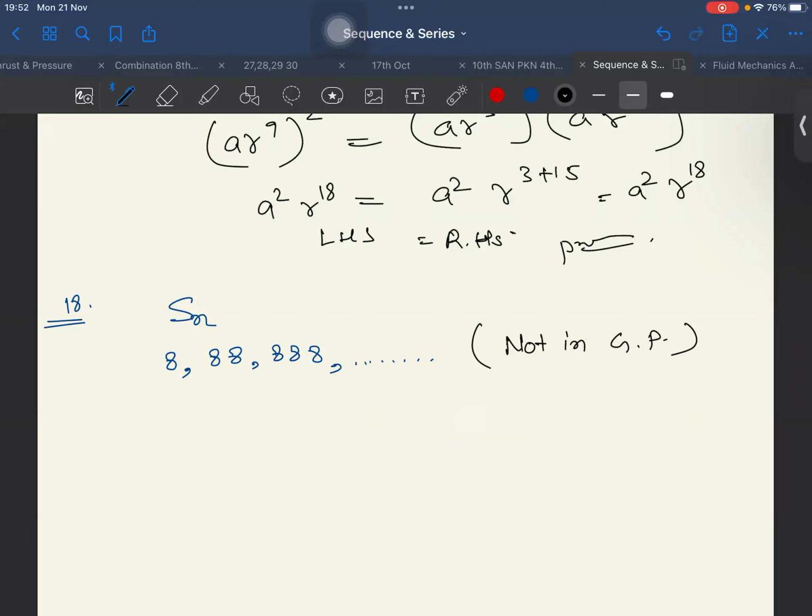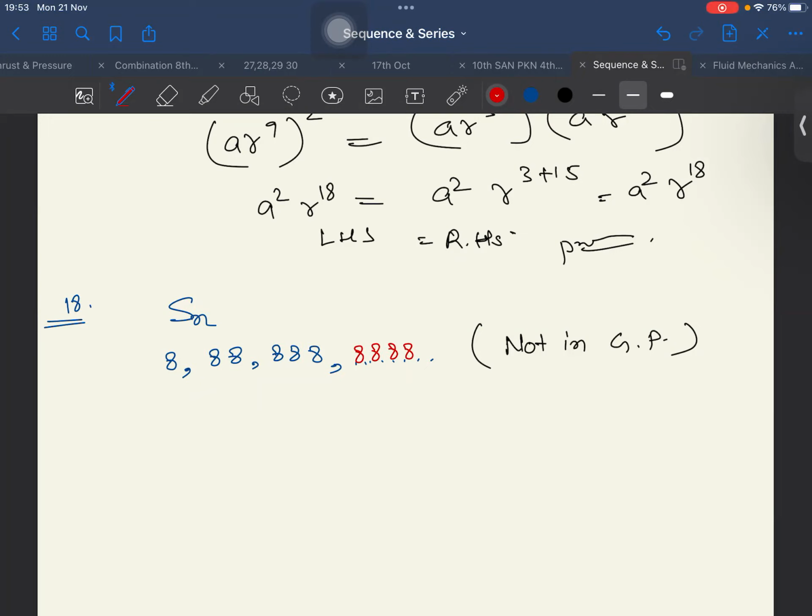Because the only possible reason is it can be converted to either AP or GP. From the look, these three numbers are really apart, right? The next term in the series is given 8888, right? So it cannot be AP because the difference will never match.